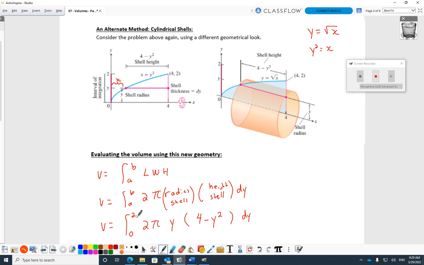So these particular ones, the shells are horizontal, so we're going to do the integral vertically. Picture it this way. There's the horizontal shells. I'm counting them vertically along the way there. Question? Oh, because I'm integrating with respect to y now, so the top one is now 2, not 4. Yeah? So you got two different choices. You can do it with x's or with y's in this question.